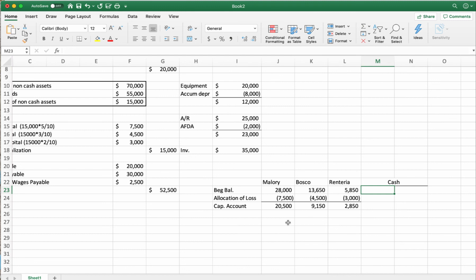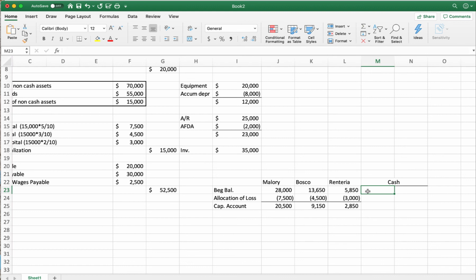Cash. We paid off the liabilities, right? So we had assets equal liabilities plus owner's equity. We paid off the liabilities. So now we have assets equal owner's equity.